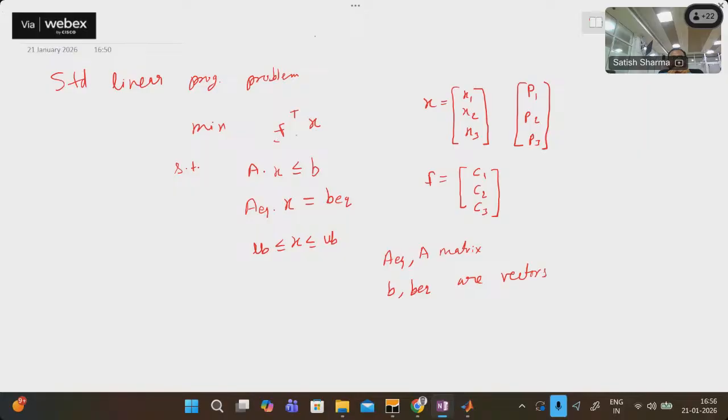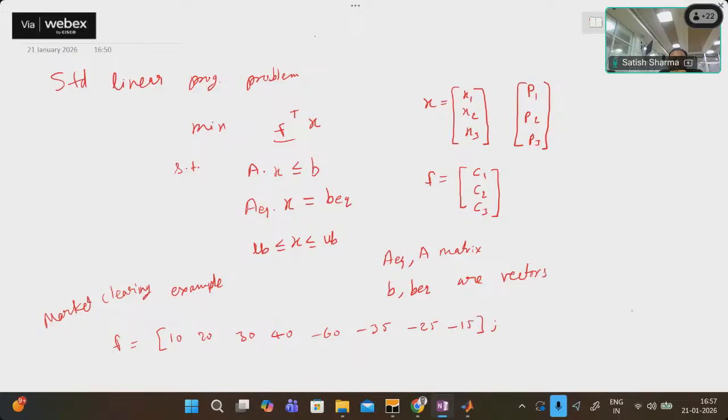So we have identified f. What is the f? If we are solving, let's say, the market clearing example which we have discussed, so f is basically 10, 20, 30, 40, minus 60, minus 35, minus 25, and minus 15.